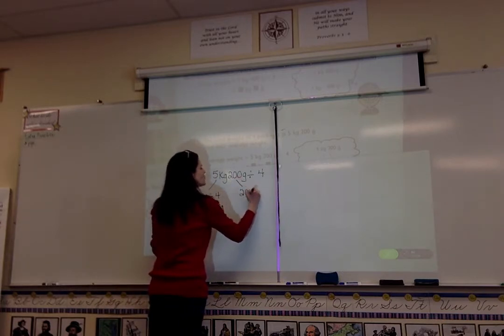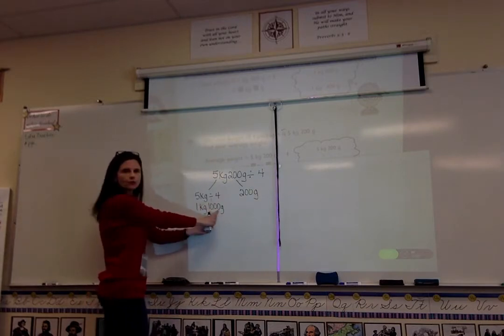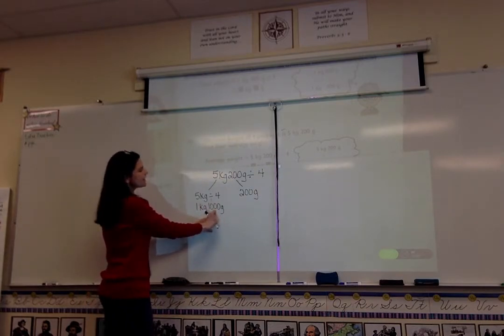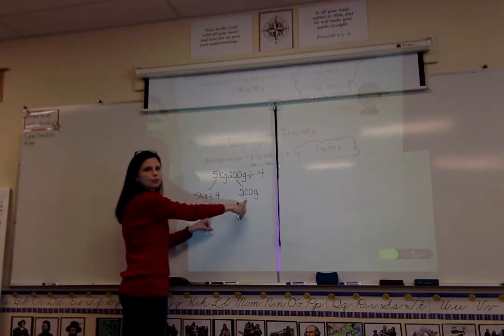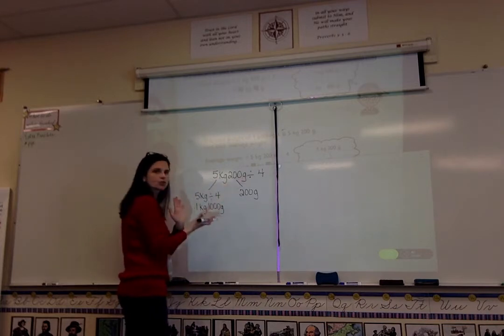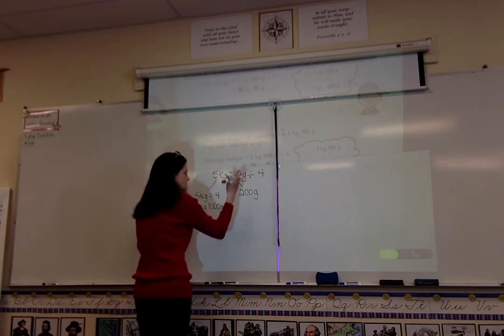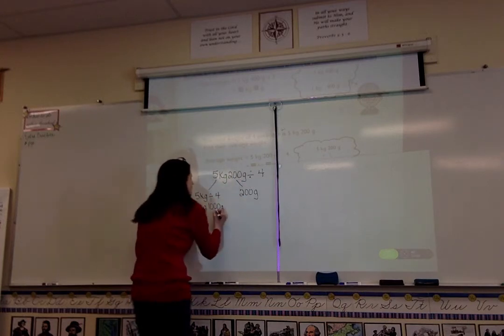So we have our 200 grams, but since this is my leftover piece, I can go ahead and combine the 1,000 grams with the 200 grams because I still need to divide this by 4. So I'm going to merge those together. And again, these little branches are helpful just to show you and help you keep track of your work.